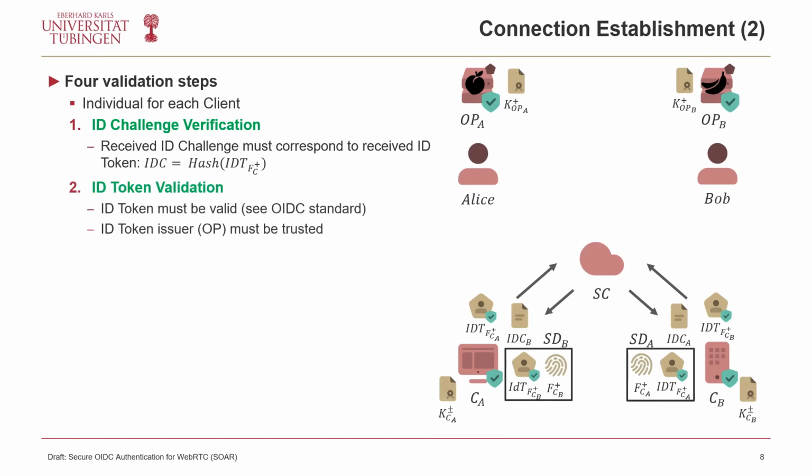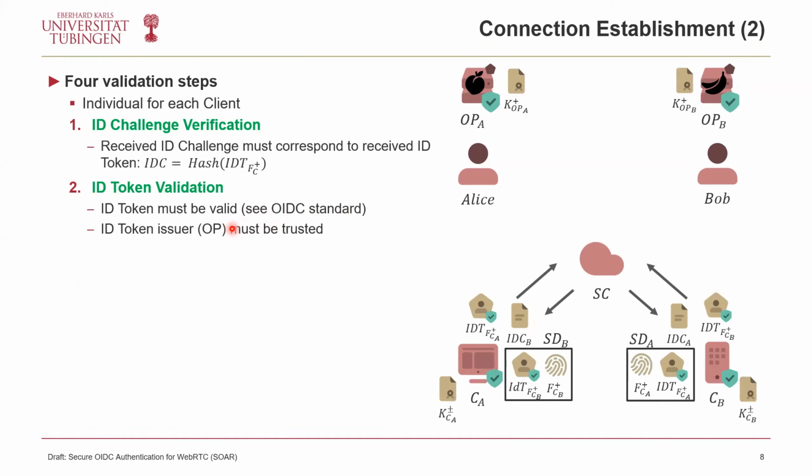After that, they will perform an ID token validation, which works exactly the same way as always when we need to validate ID tokens. So it's basically just the JSON Web Token validation.